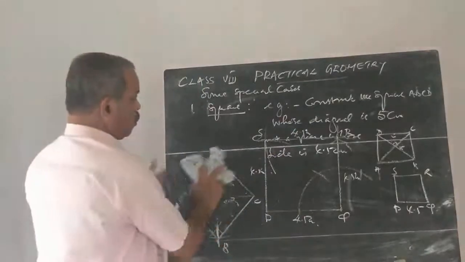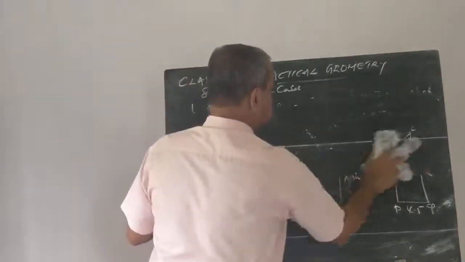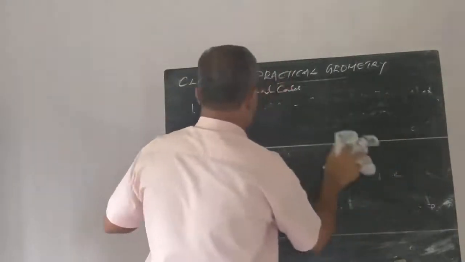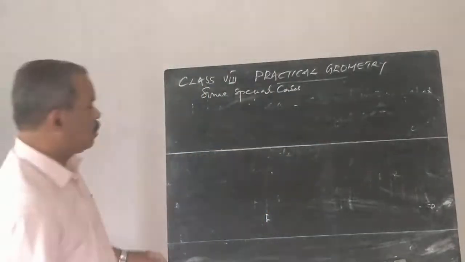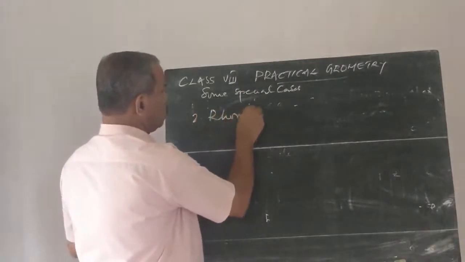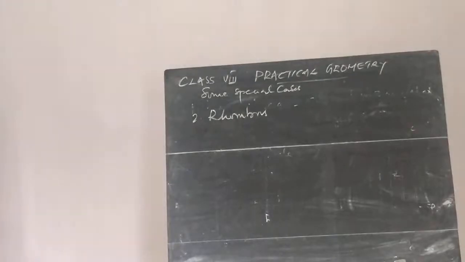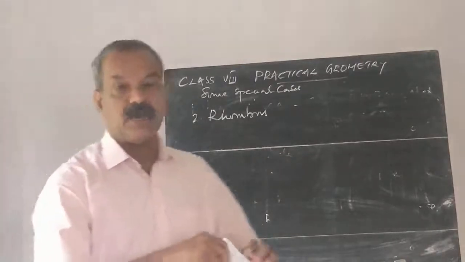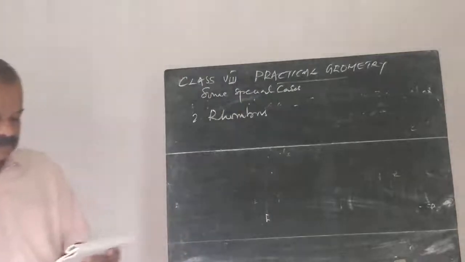Second case, rhombus. What are the properties of a rhombus? All the sides are equal and the diagonals are perpendicular bisectors of each other. Diagonals are not equal, but they are perpendicular bisectors of each other.